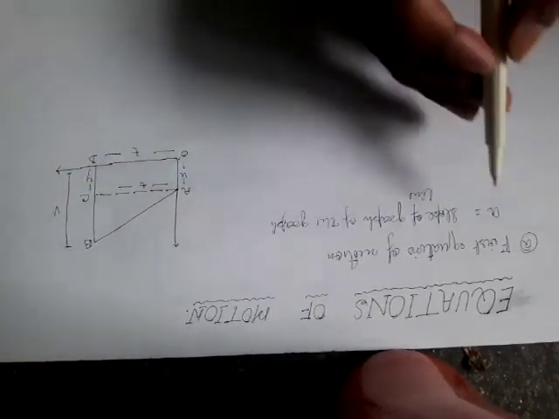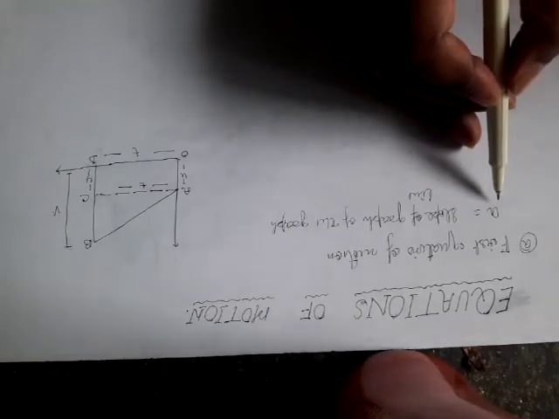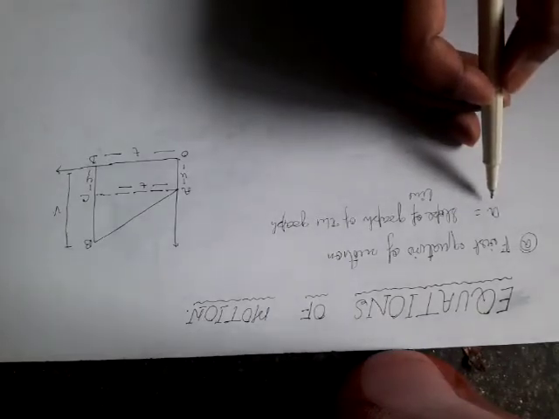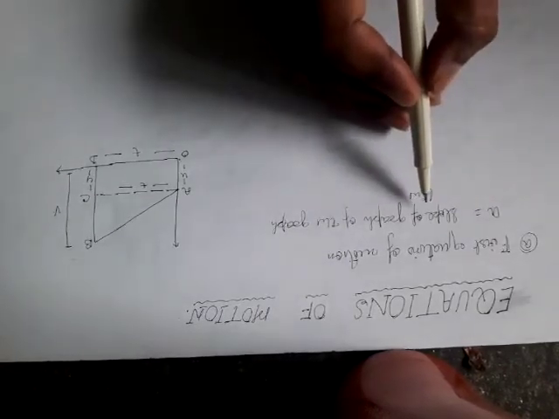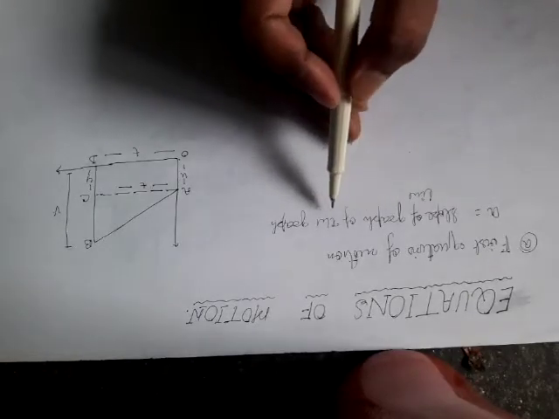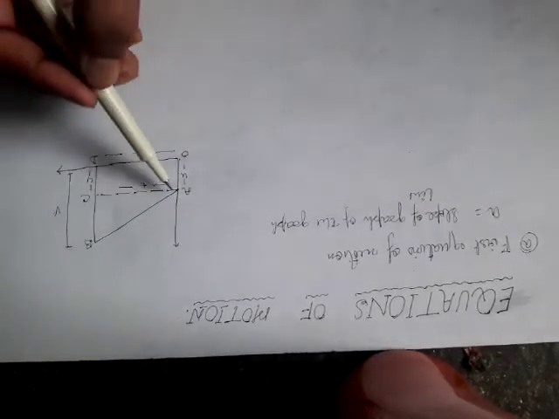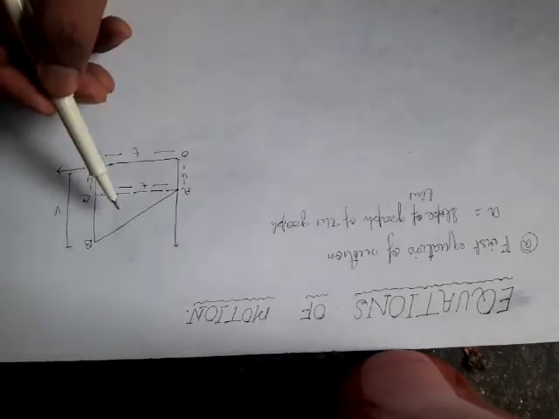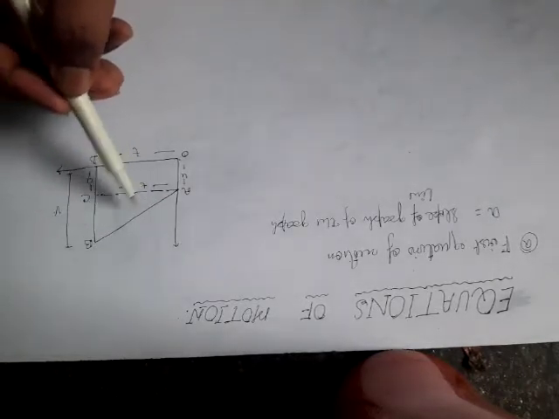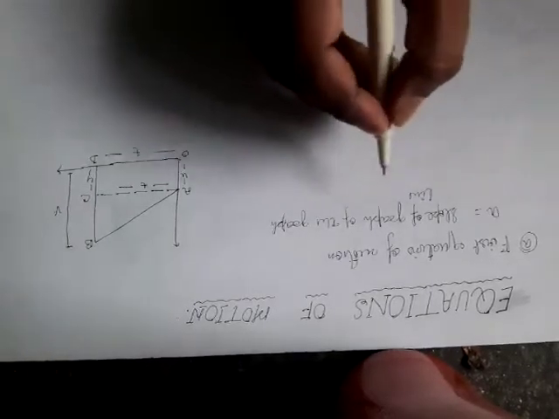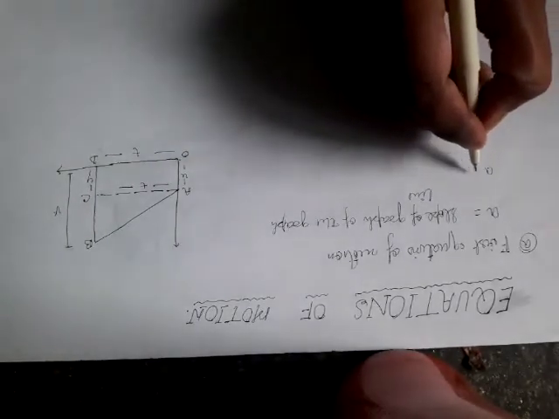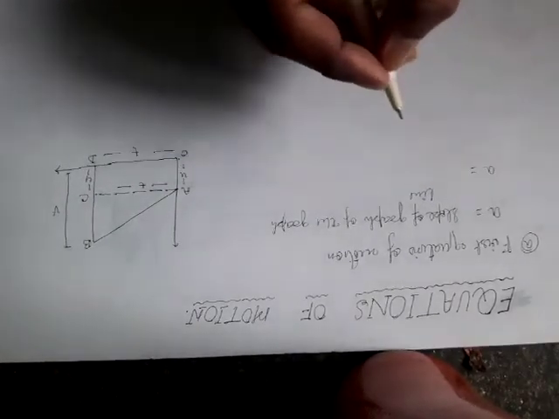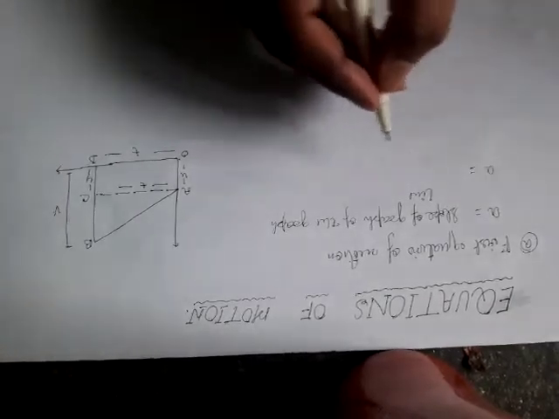So acceleration of a moving body is always obtained by finding the slope of the graph. Whatever the particle is moving from A to B, we will find its slope. So what will be the slope? Acceleration a will be equal to the slope.